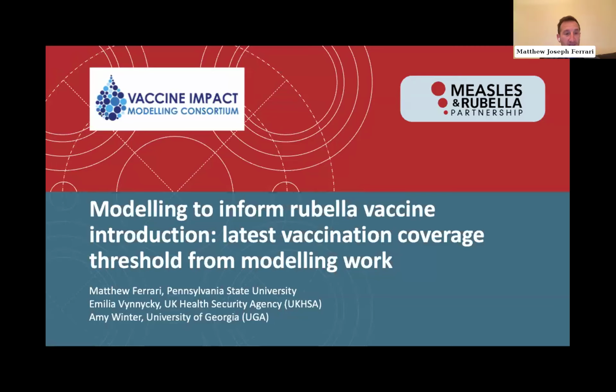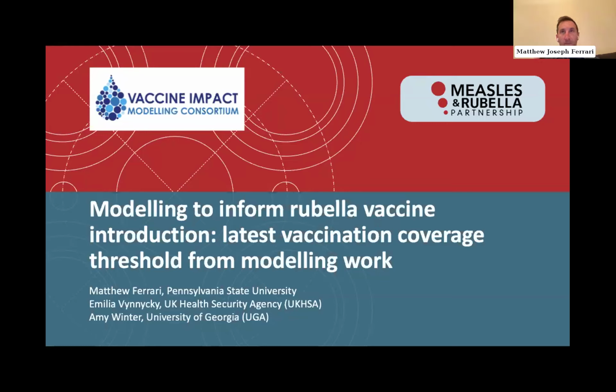So it's exciting actually to follow up on Balcha's presentation, and we'll be presenting specifically here on some modeling work that was done in consideration of changes to the WHO SAGE policy on rubella-containing vaccine introduction.